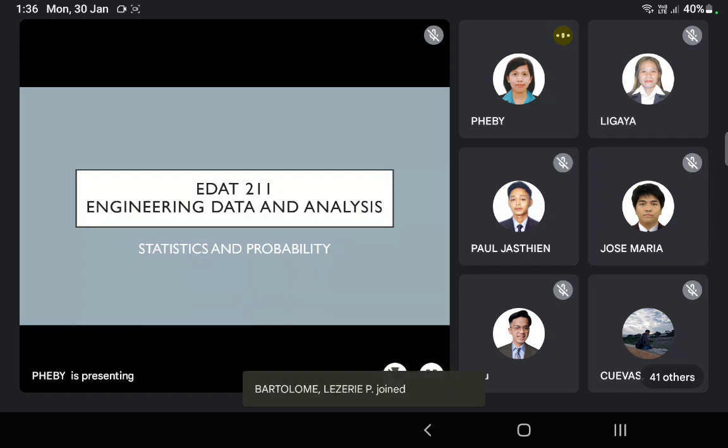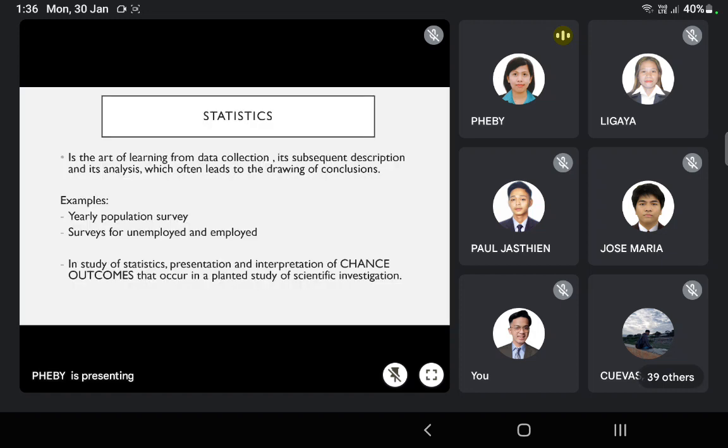Okay. So our course this hour is EDAT211 or Engineering Data and Analysis, and this is statistics and probability. Pag naririnig niyo yung statistics and probability, ano ba yung ating naiisip? Statistics is the art of learning from data collection, its subsequent description, and its analysis, which often leads to drawing of conclusions.